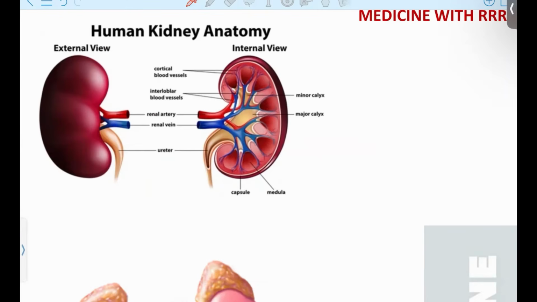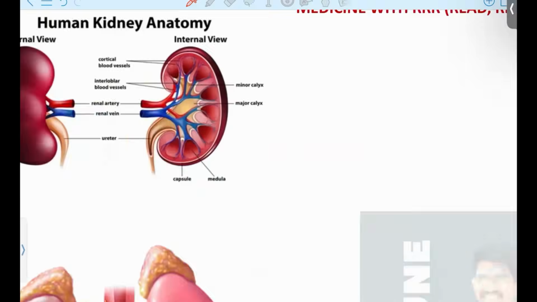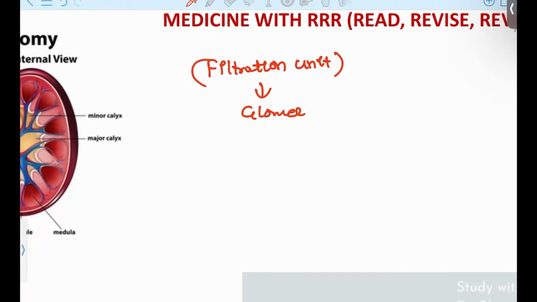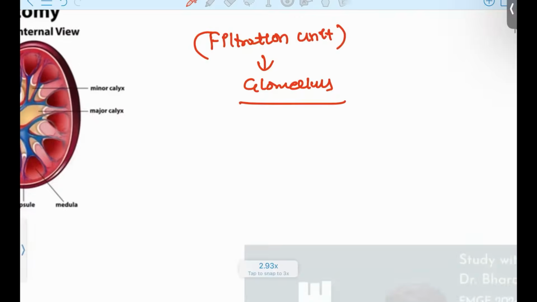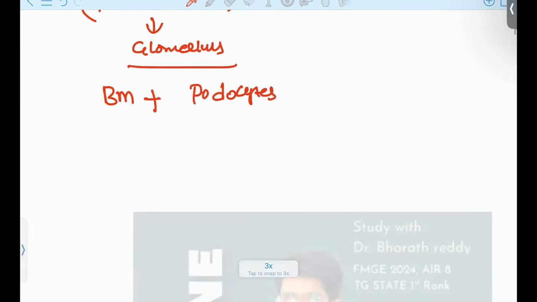To the next topic, here we are going to discuss the kidney and some of its diseases. First, you have to understand that there is a filtration unit in the kidney, present in the glomerulus. What does it consist of? The filtration unit consists of the basement membrane, along with the podocytes, which are the foot processes, and the endothelium.